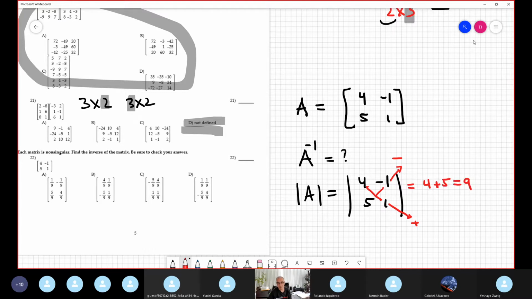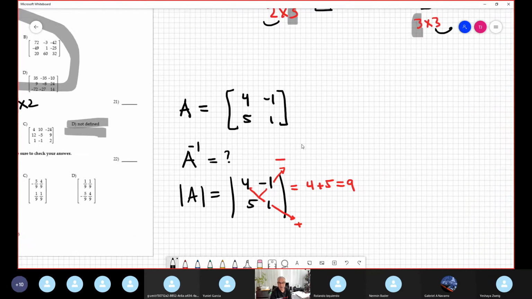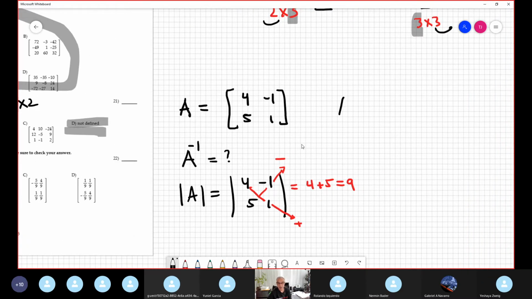Okay, it's 9. Now the rest is easy. You interchange the diagonal. So for the inverse matrix formula, you interchange 4 and 1: 1 here and 4 here. Look, this is the action.